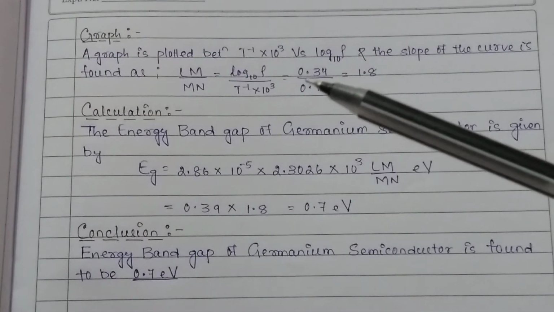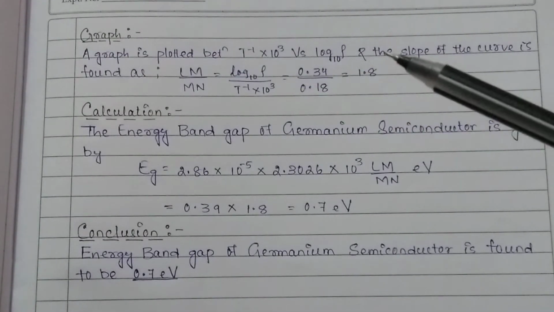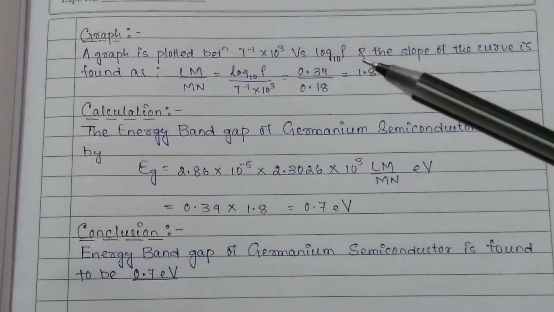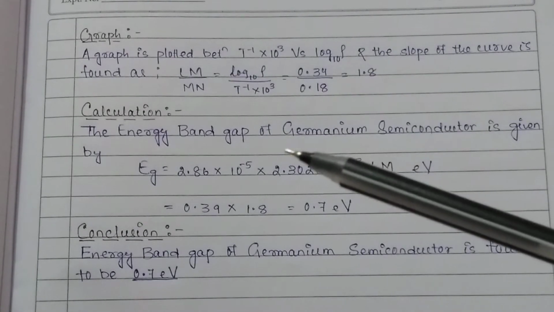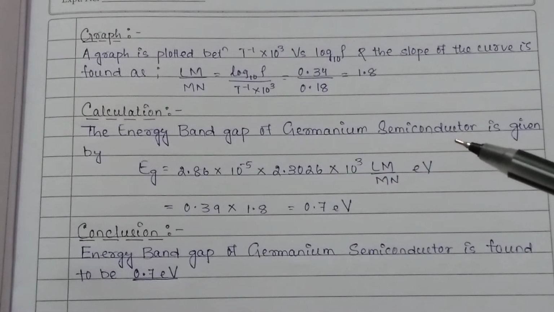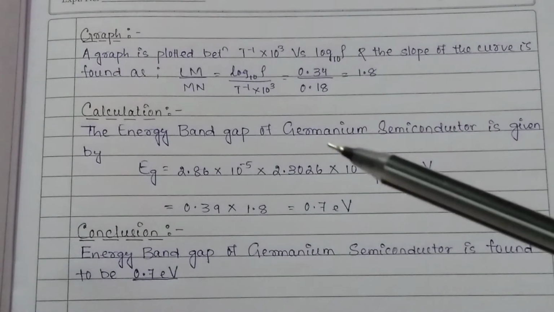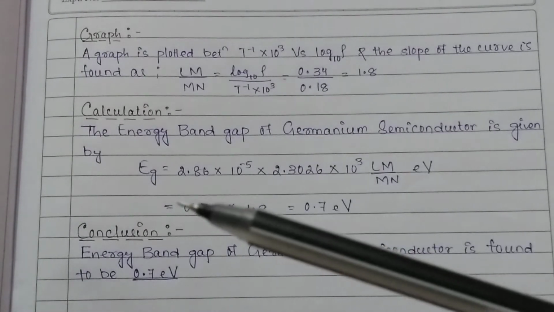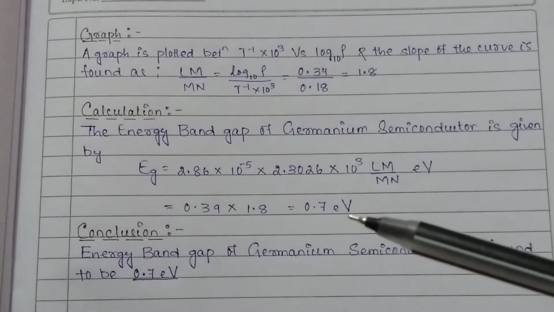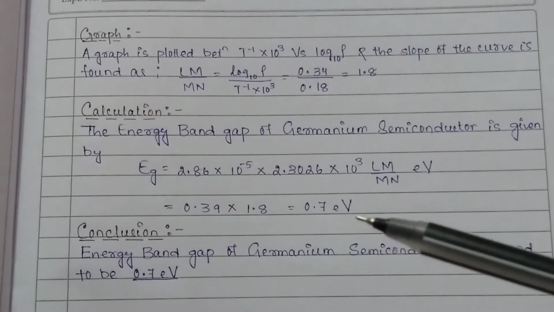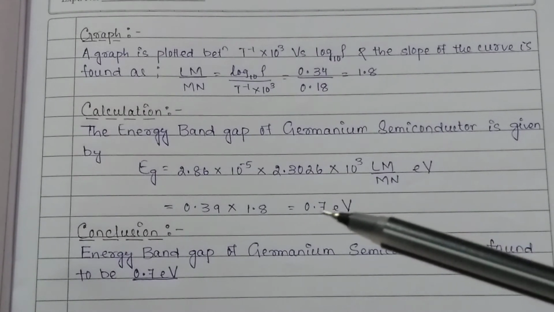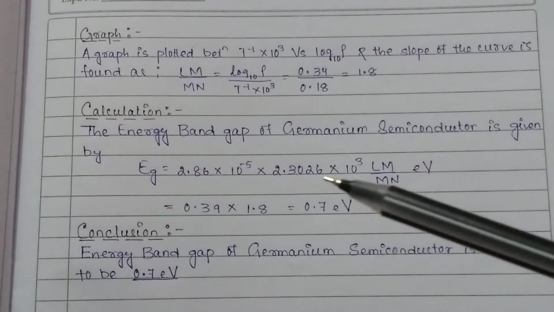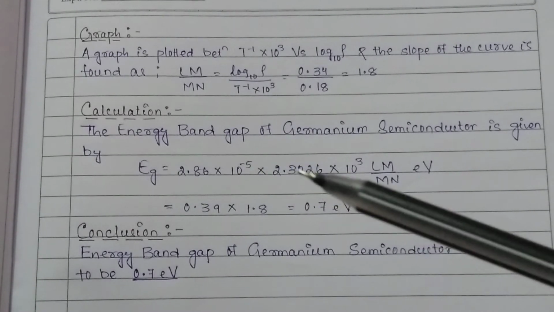So from the graph the slope is equal to 1.8, and the band gap for the germanium semiconductor, since here we have taken a germanium sample, Eg will be equal to 0.7 electron volt, which is very close to the experimental value for the germanium sample.